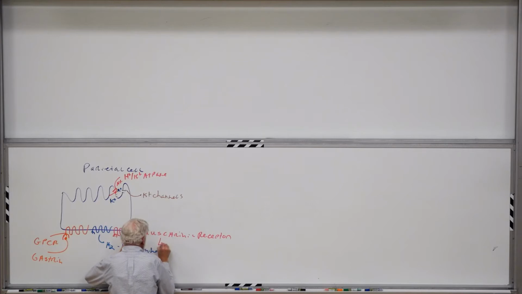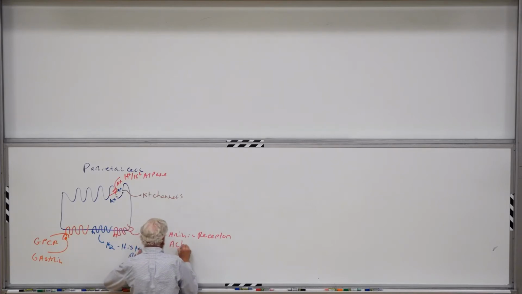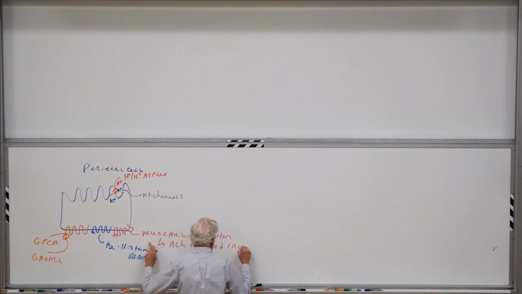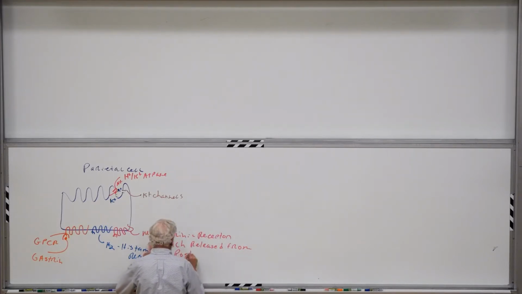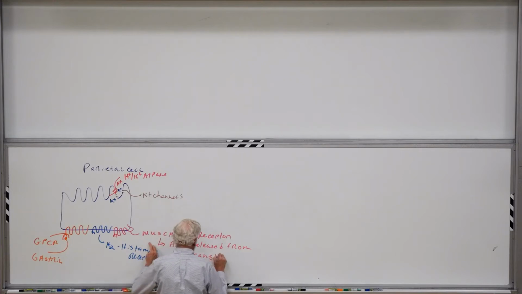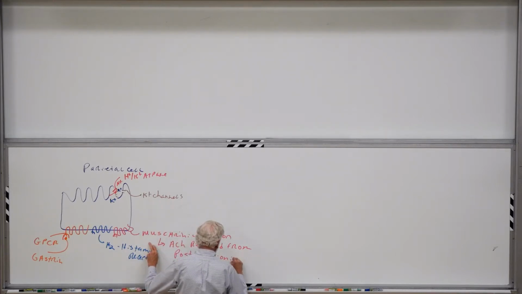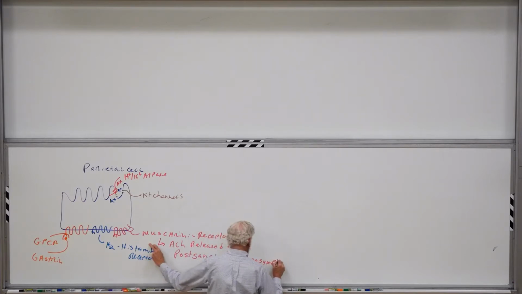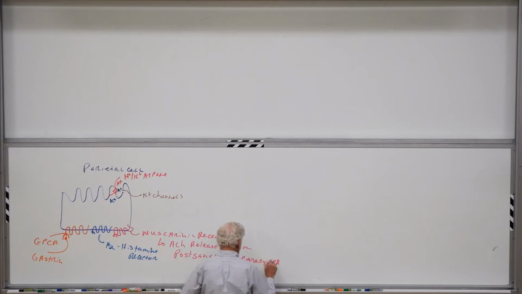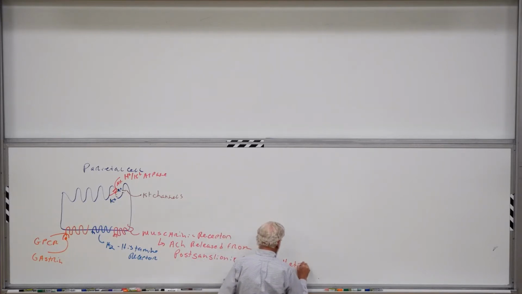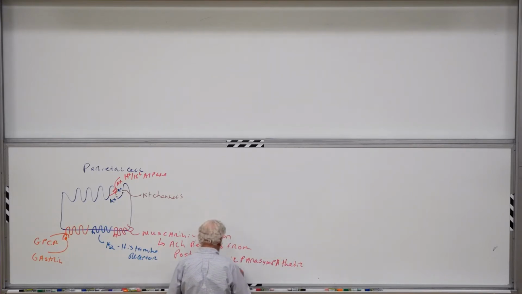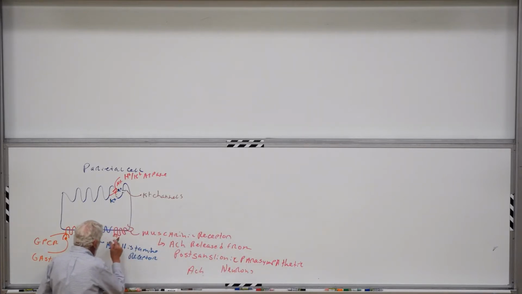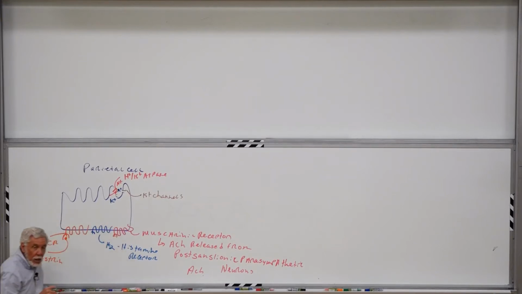And this muscarinic receptor responds to acetylcholine released from postganglionic parasympathetic neurons. This, of course, is acetylcholine. The acetylcholine binds to this receptor, and again, we're working through G protein coupled receptors.